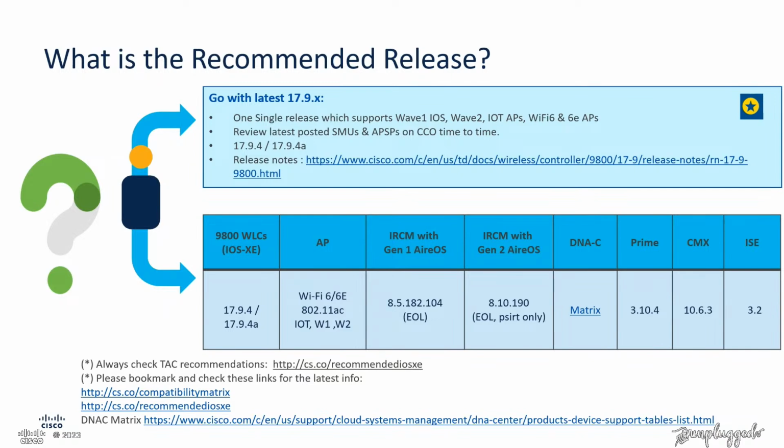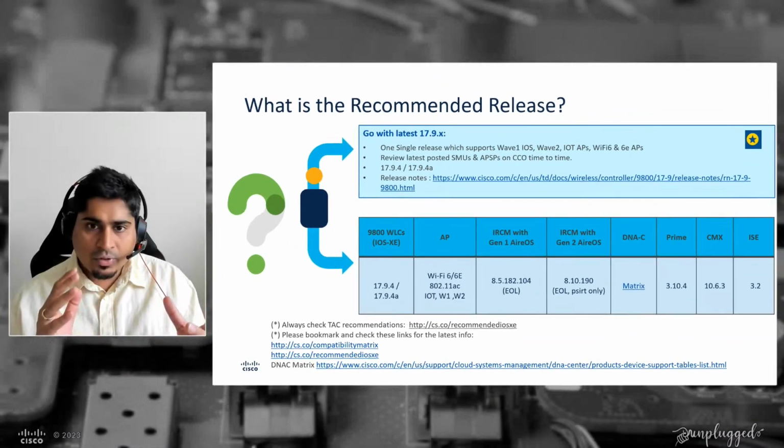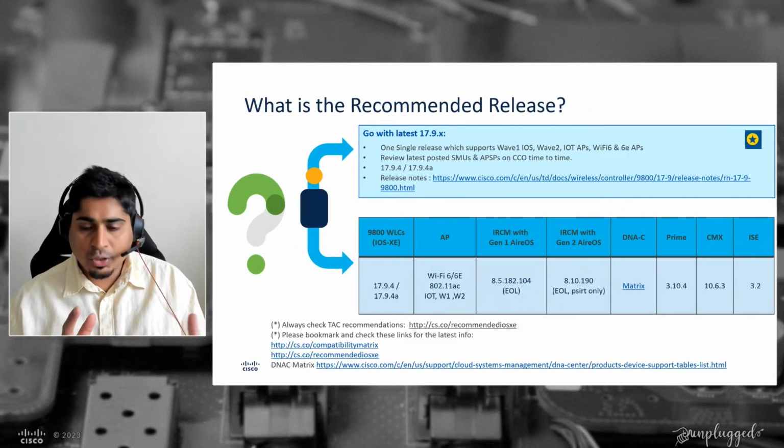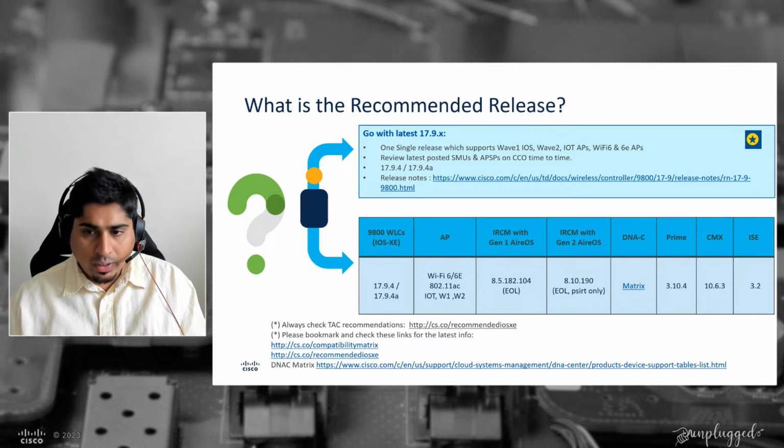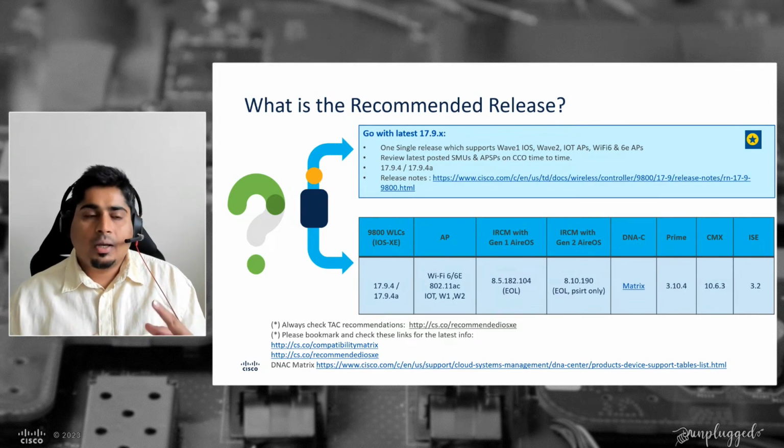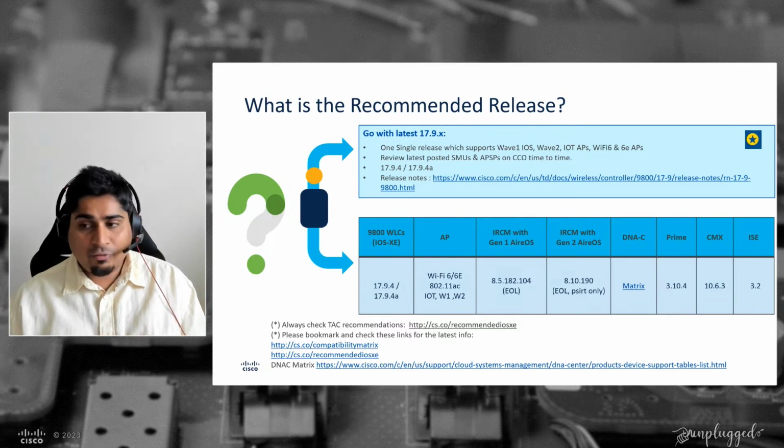If you still have some of the legacy controllers, which are AireOS controllers on 5508s or 8510s or those kinds of controllers, then your recommended release is 8.5.182.104. It's end of life right now, but if you still have those devices and want to use it, then this is the version. Then you have the Gen 2 AireOS controllers, which are 5520s and 8540s.